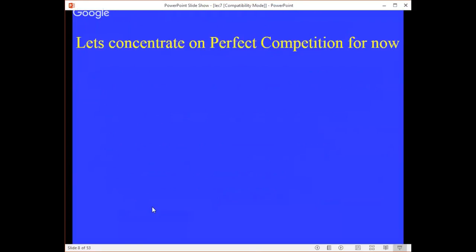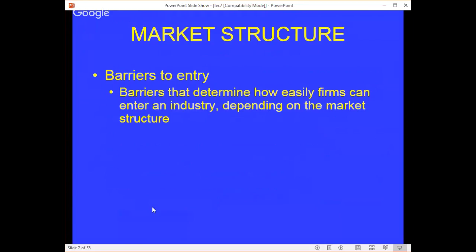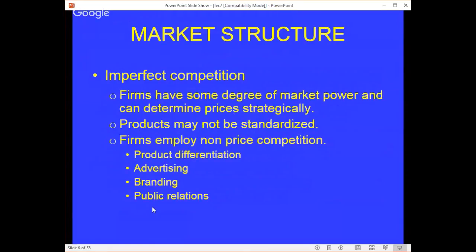Let me go back. Today we're going to cover perfect competition, and next week we'll cover monopoly, and then the next 2 weeks after that we're going to cover pricing strategies when you have market power. These are things like bundling.